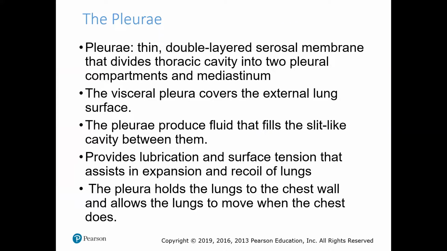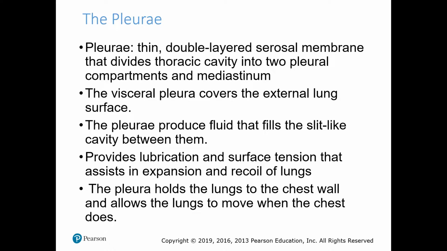The parietal pleura sticks to the inside of the chest wall, and in between the visceral and parietal pleura is the pleural cavity or pleural space, and it's filled with serous fluid. It acts like glue. When the chest wall expands, the lungs expand with it. When the chest wall relaxes, the lungs relax.